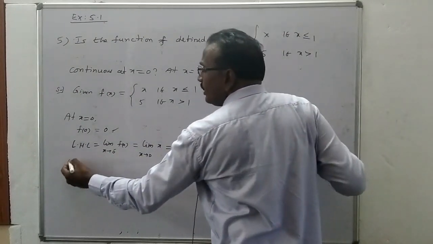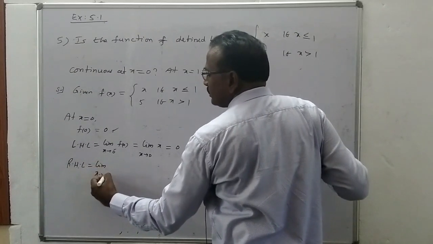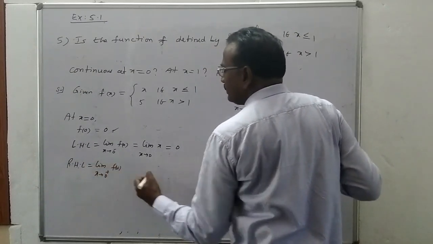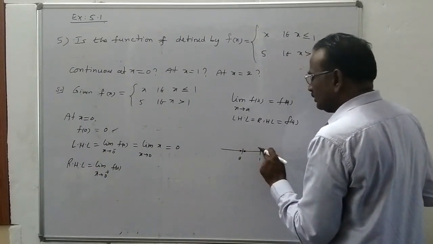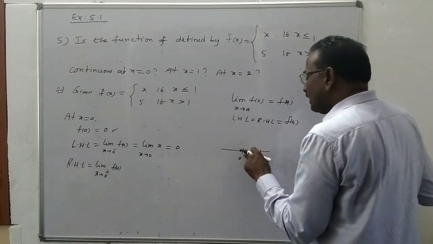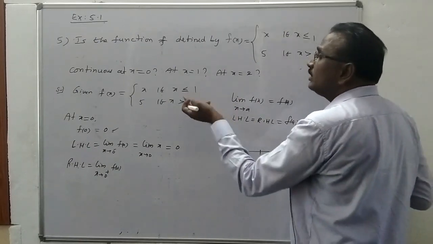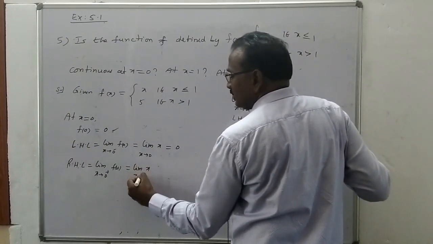Next, the right hand limit is the limit as x tends to 0 plus of f(x). That means x is close to 0 from the right side, and this is also less than 1. When the x value is less than 1, the function value is x, so that is the limit of x as x tends to 0.